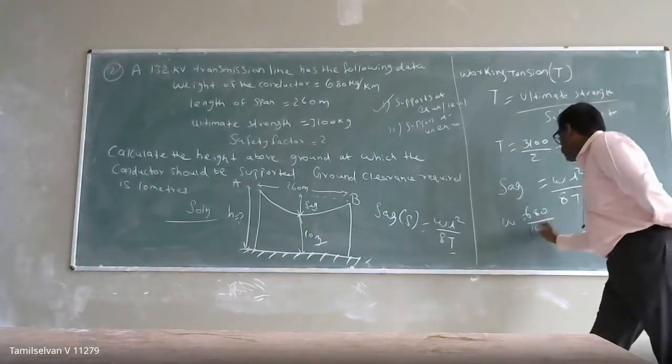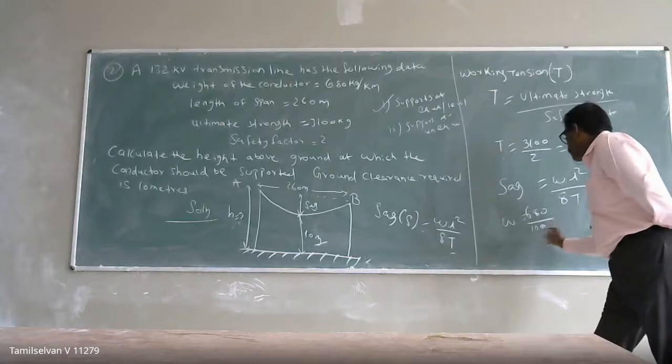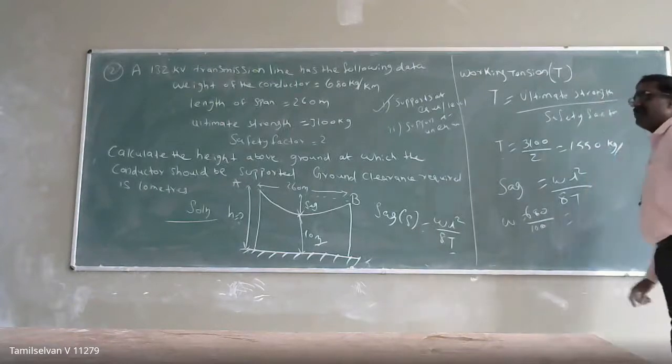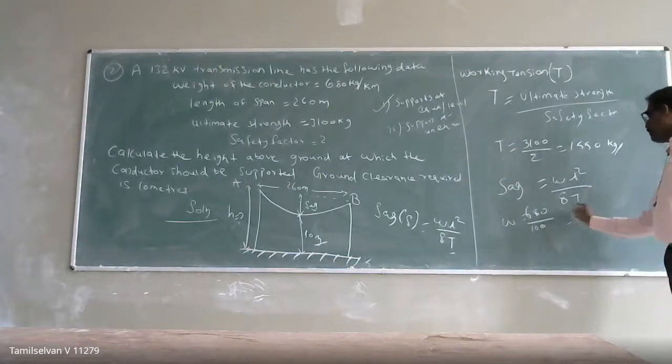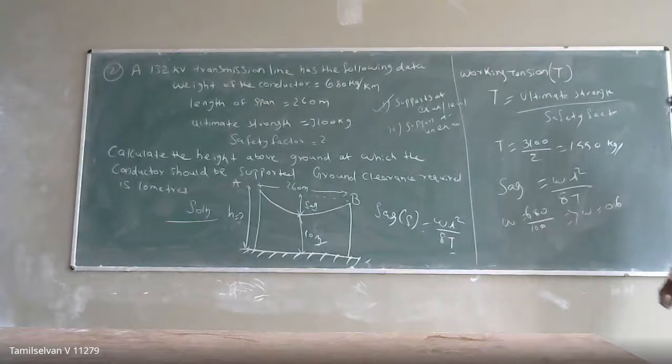Per kilometer it is 1000 meters, so the weight per meter W will be 680 by 1000, which is 0.68.